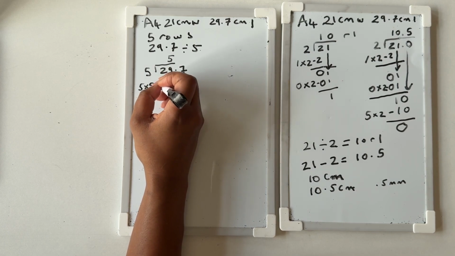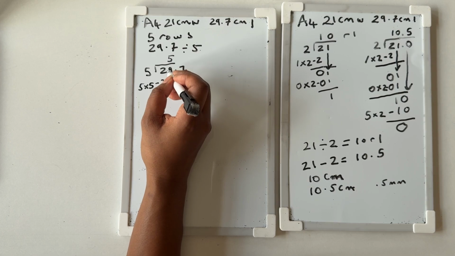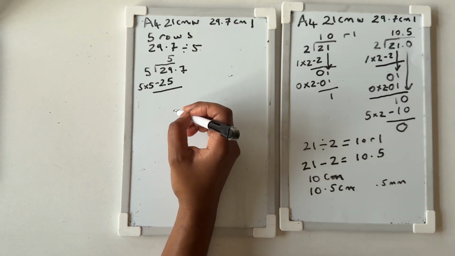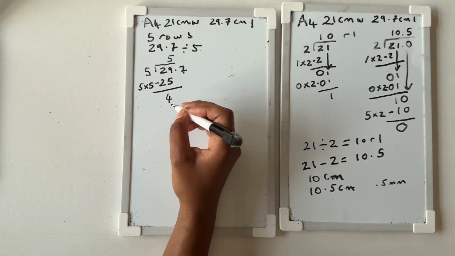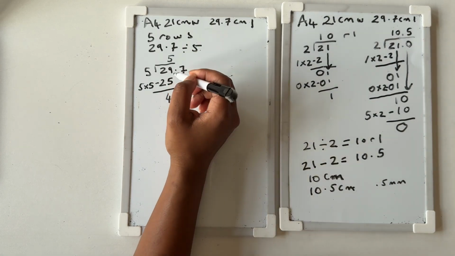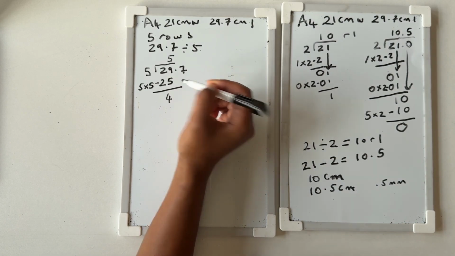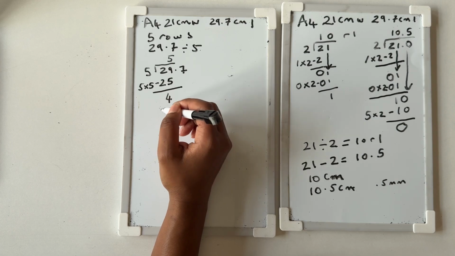And then we're going to subtract, and we're going to take away the 25 from the 29. So 29 minus 25 is 4. Now we already know that this is 0.7, so it's not a whole number, okay? So does 5 go into 4? No, it does not.